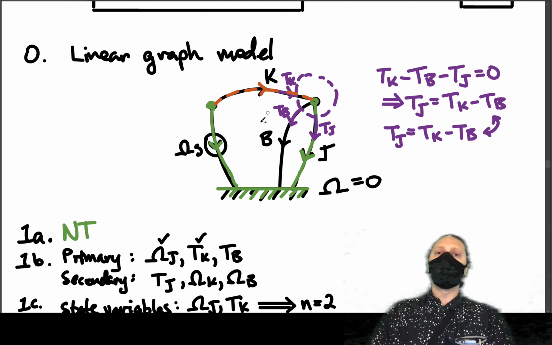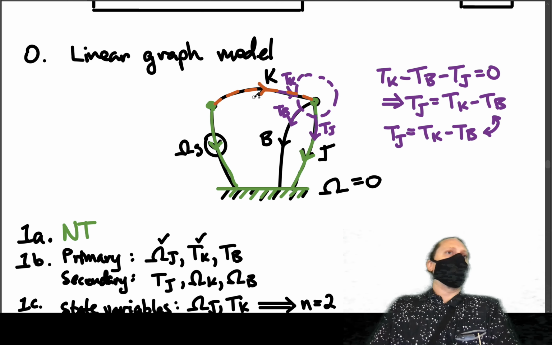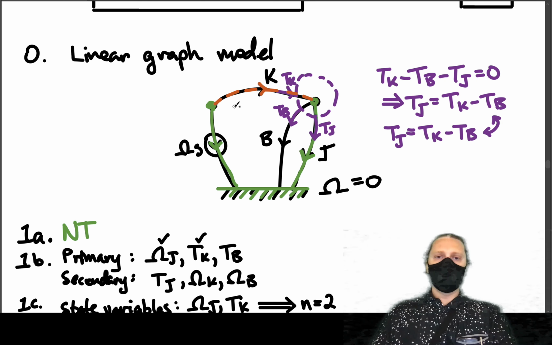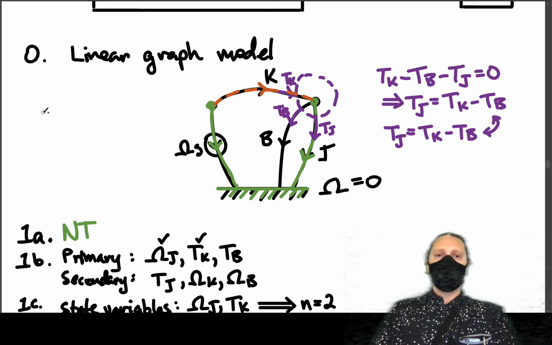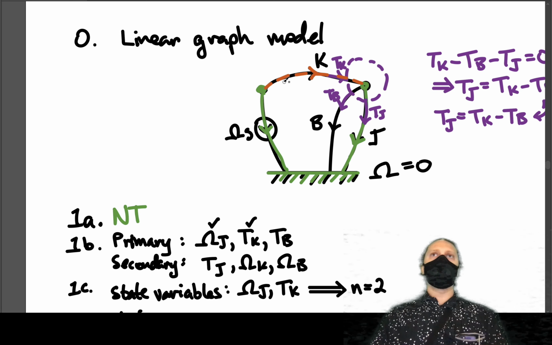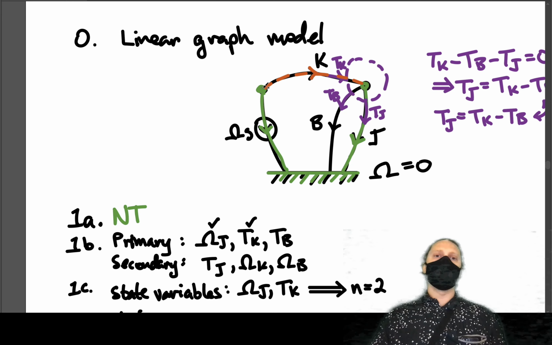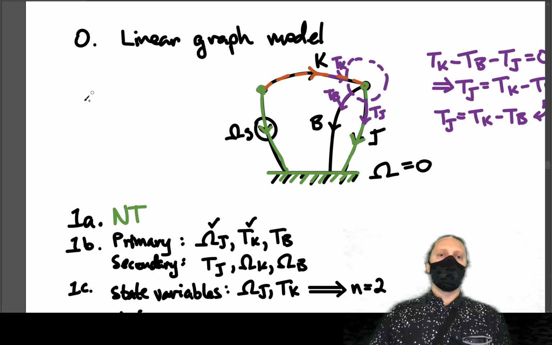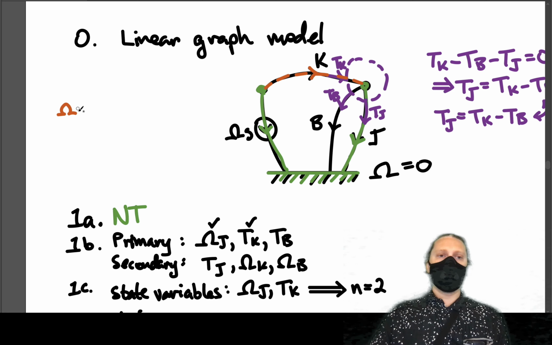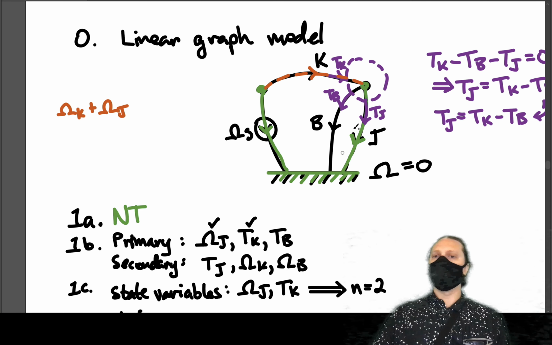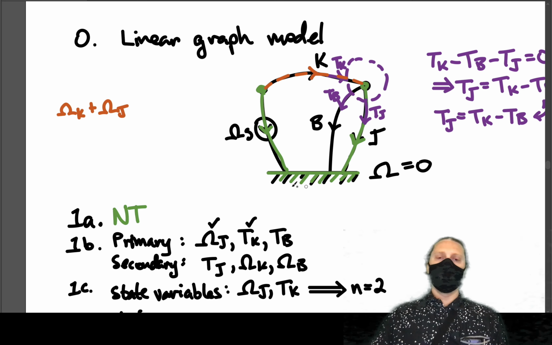And we need to write the loop equation, or what is essentially the KVL equation for that loop, using across variables. So if you just start anywhere and you go around, drops will be positive, gains will be negative. Then you start here, you go positive omega K drop plus omega J drop. You follow the normal tree branch.